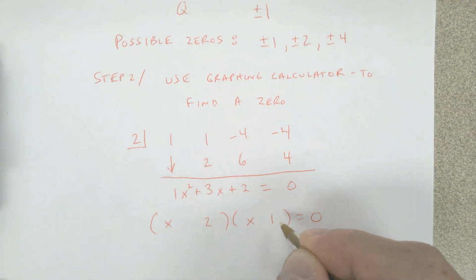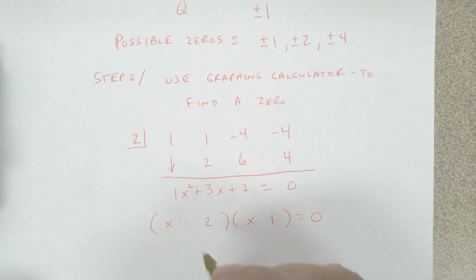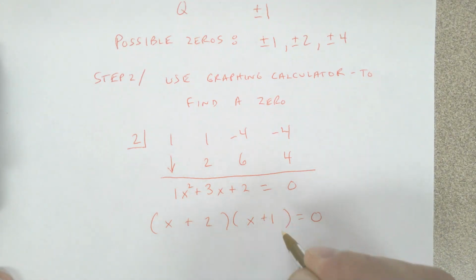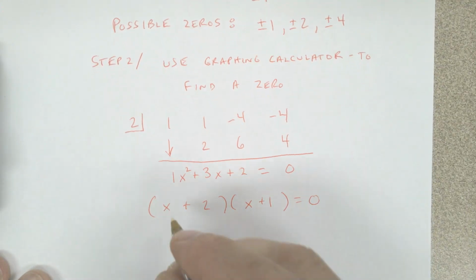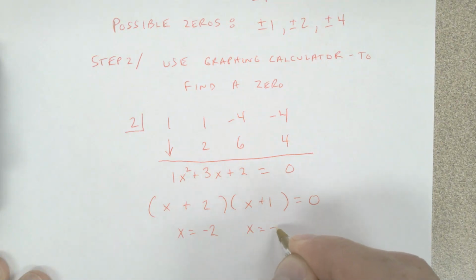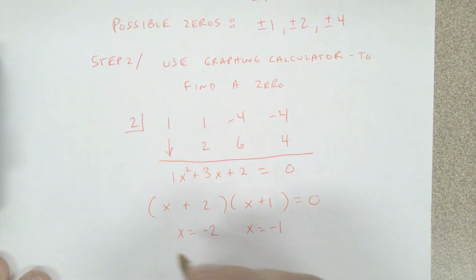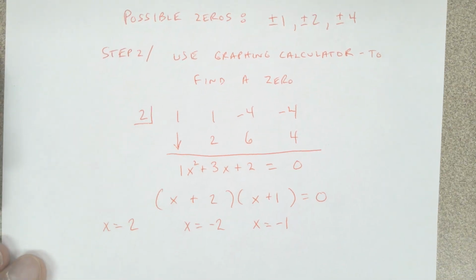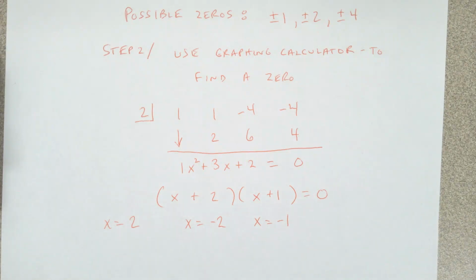That's going to be 2 and 1. And then we can put plus signs in there. Go ahead then and solve that. So it's going to give us x equals negative 2, x equals negative 1. We now have all three of our zeros in this case, and they are all real zeros, 2, negative 2, and negative 1. So really step 3 there is finding the remaining zeros.